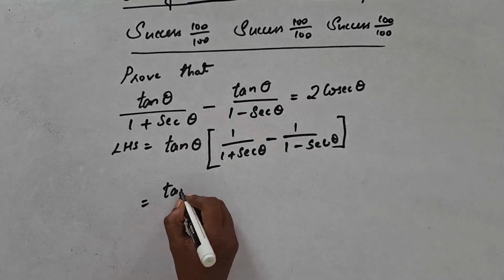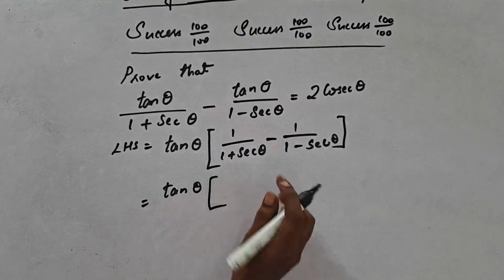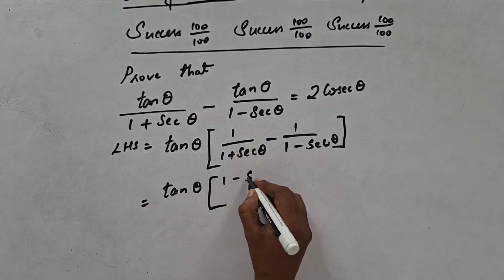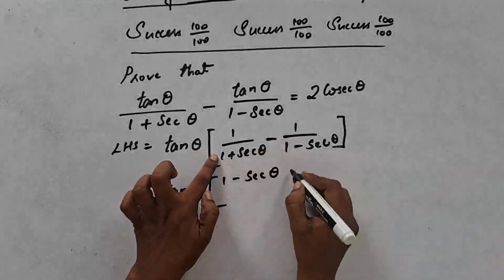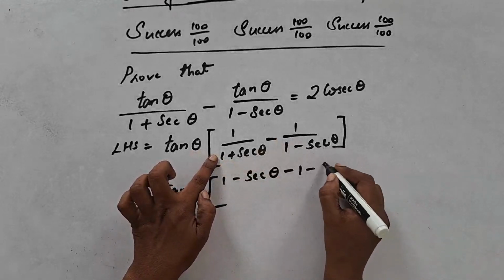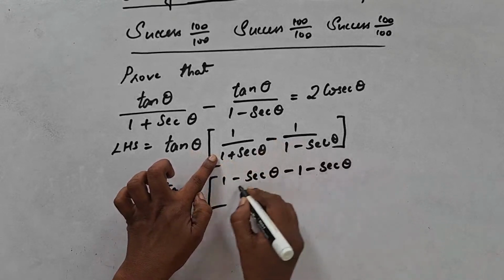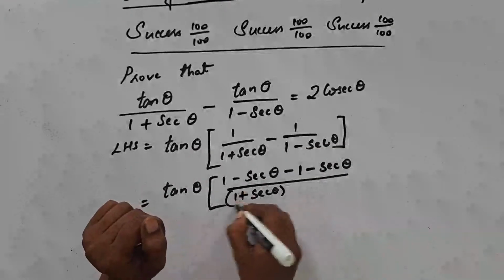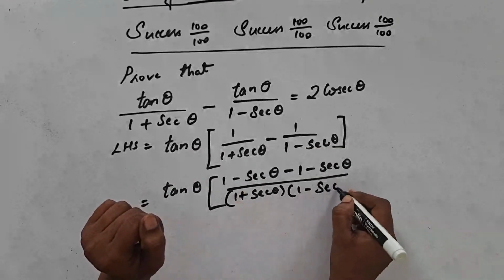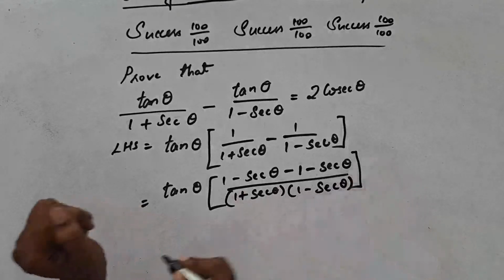Equal to tan theta, take LCM: 1 minus secant theta minus of 1 plus secant theta will give me minus 1 minus secant theta whole, divided by 1 plus secant theta into 1 minus secant theta.